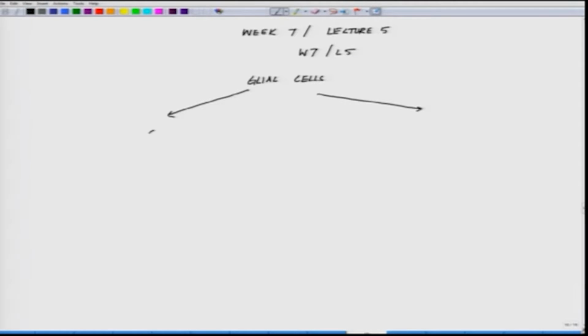One is the Schwann cells, and the other one is the oligodendrocytes, whereas the third one is astrocytes.